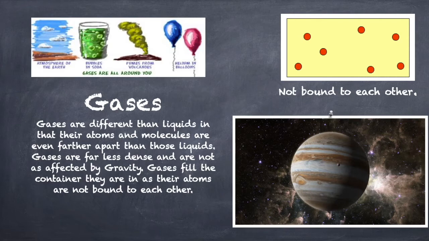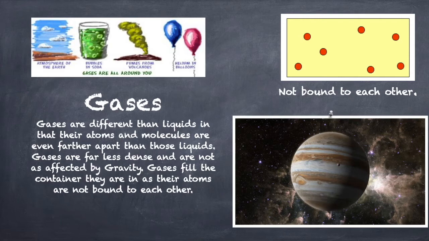I don't know if it was trying to simplify, but we have gas giants, which are big giant planets of mostly gas, and obviously the gas is being drawn in to the planet, right? So you see here Jupiter. Gases are still impacted by gravity. That's why our atmosphere doesn't just go running away. They're just not as affected because they're less dense, right?